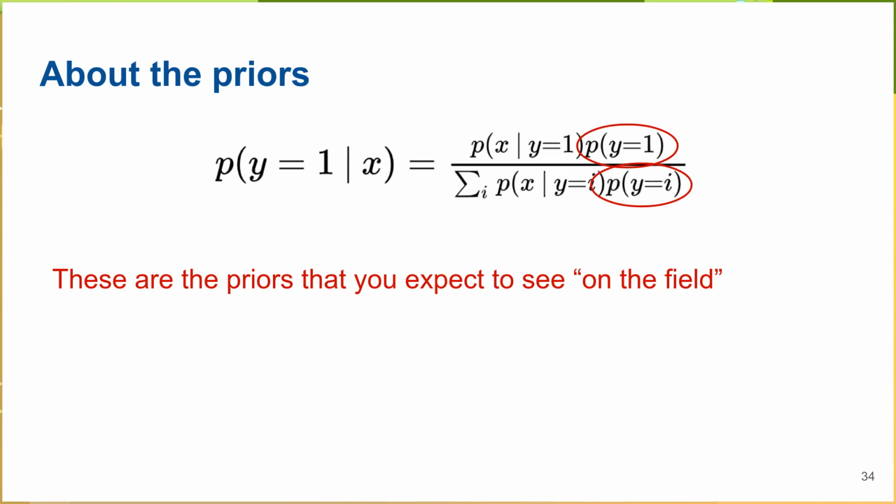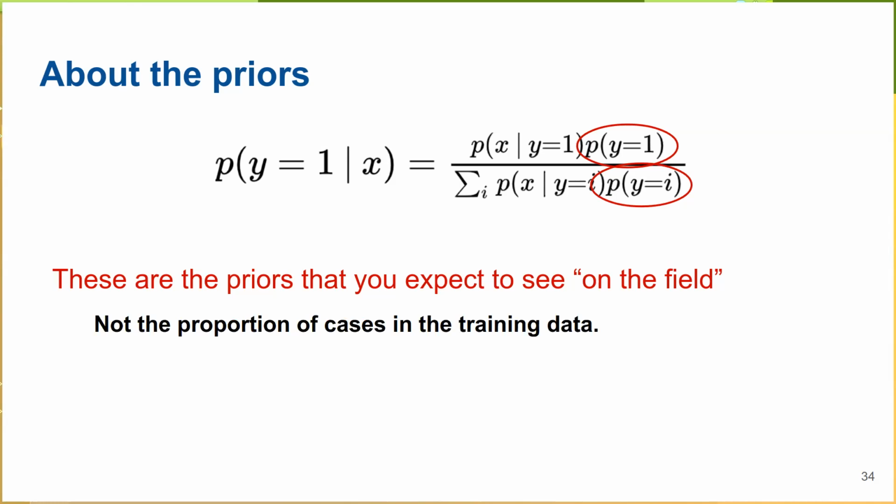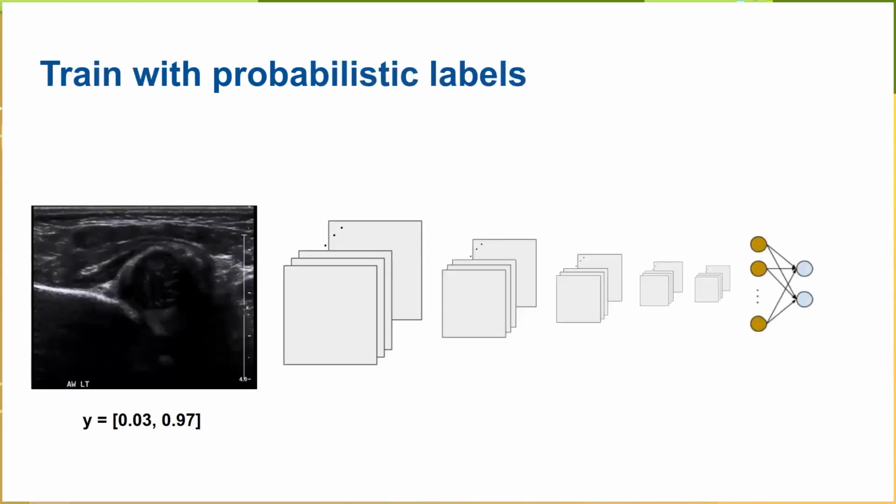These are the probabilities that we expect to see on the field where we deploy this, which means that usually these probabilities are extracted from literature. For example, the incidence of hip dysplasia can be 0.1% or 2% of the population. Well, the priors come from there, not the proportion of cases in the training data.